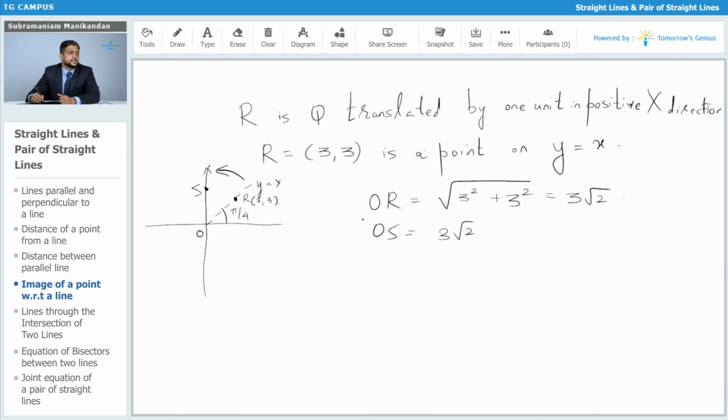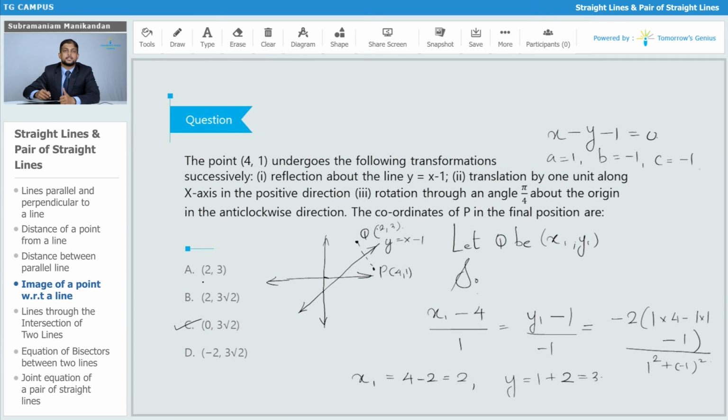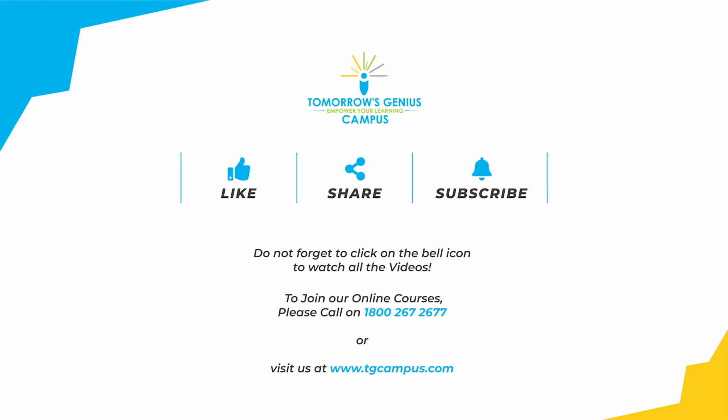And so the coordinates of the point S will be 0, because the coordinates of any point lying on the y-axis is 0. The x coordinate is 0, and the y coordinate will be the length of the line segment OS, 3 root 2. And thus, after the 3 transformations, the point P will end up with the point S, whose coordinates are 0, 3 root 2. And so, point C, the option C would be the correct answer.